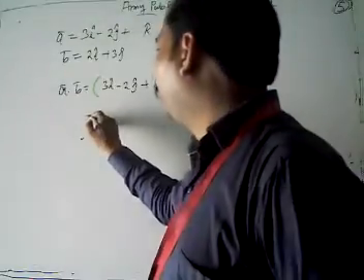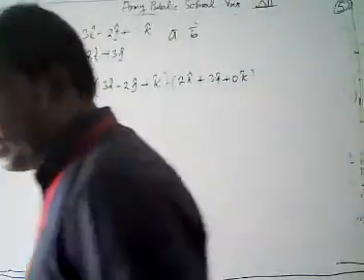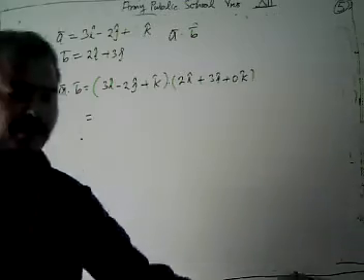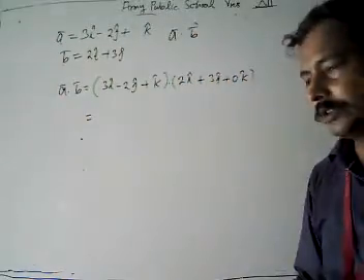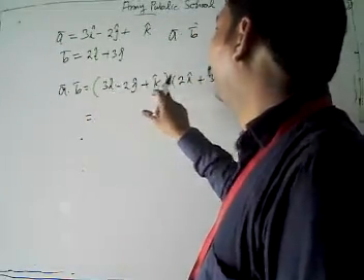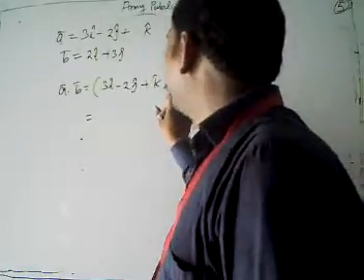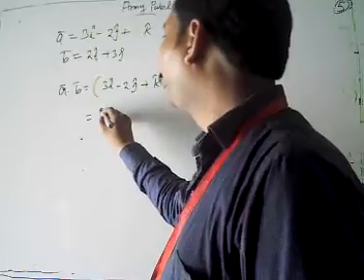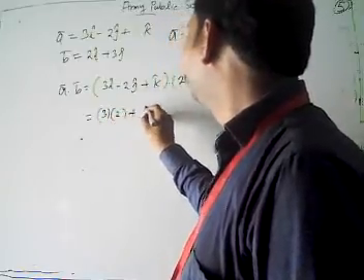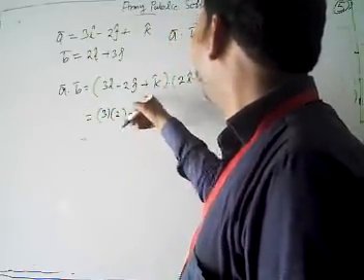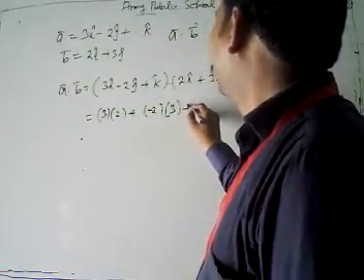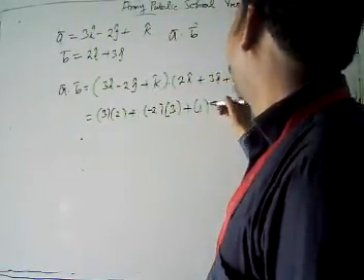Now look, how can we define our product of components in our last topic? It's a1 b1 plus a2 b2 plus a3 b3. Then it's 3 into 2, plus minus 2 into 3, plus here is 1 and here is 0.